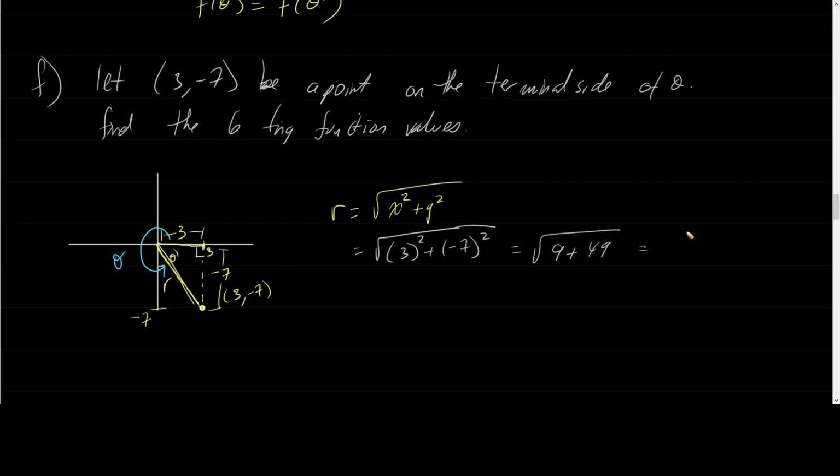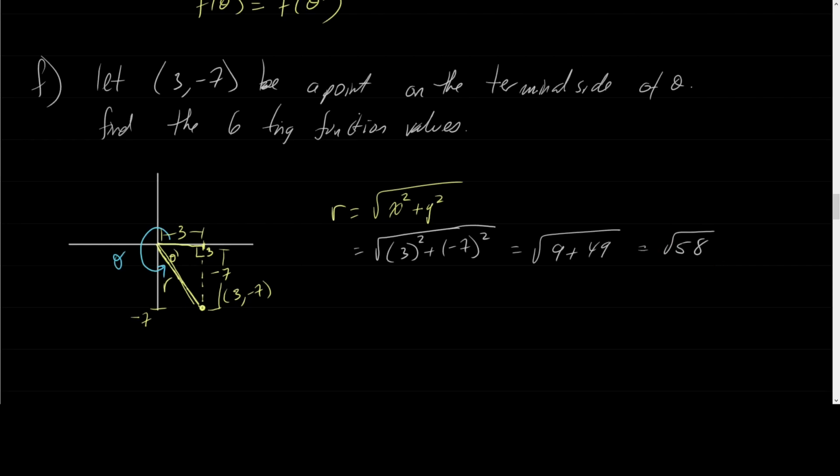Adding those up, we get the square root of 58. That doesn't really reduce, because 58 is 2 times 29. So that's going to be our r value.